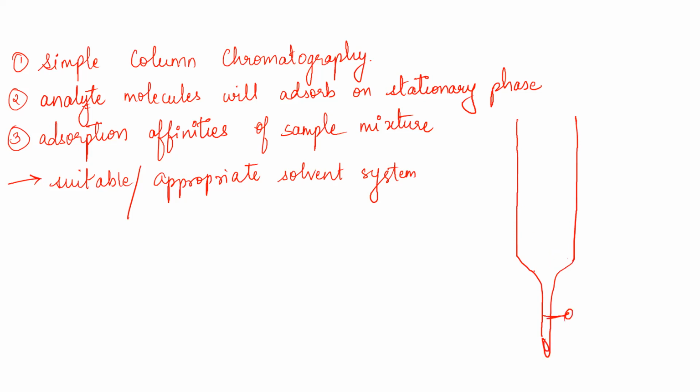So you choose a proper column, plug it. That is very important. Plugging is again very, very important. Then you fill something in this. Your filling is going to be your stationary phase inside. So this yellow thing is your stationary phase.